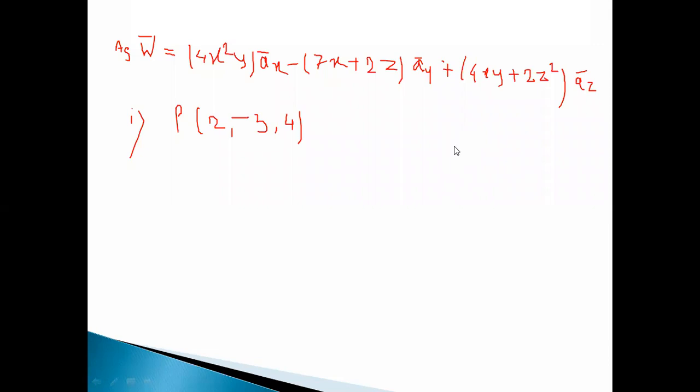Vector is given and you have to find their W bar at point P. How to find this?